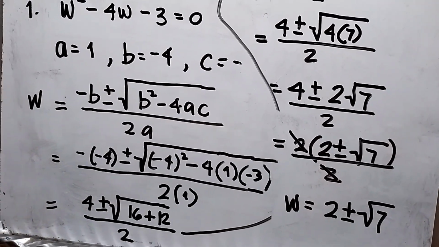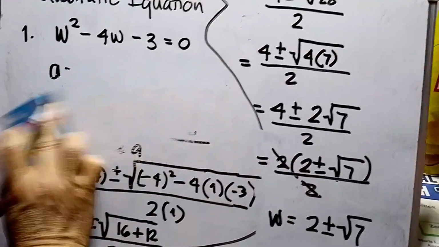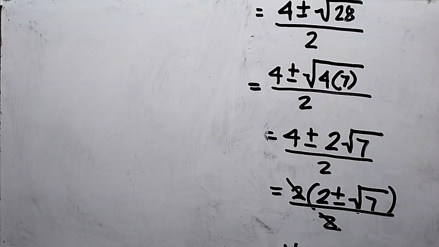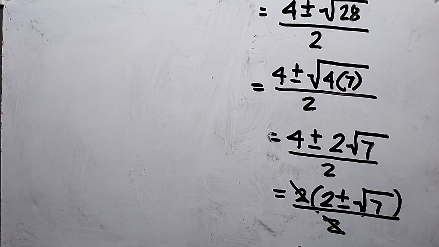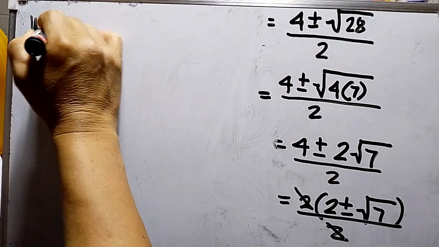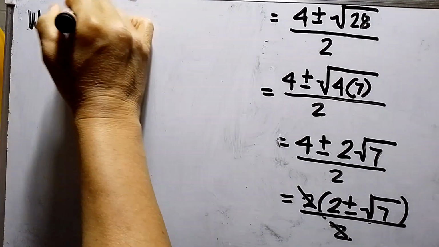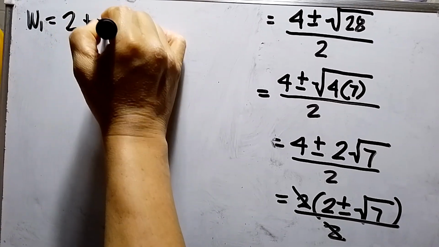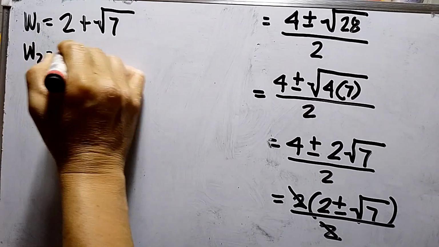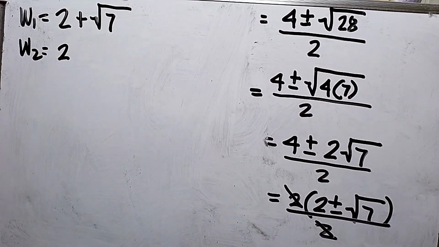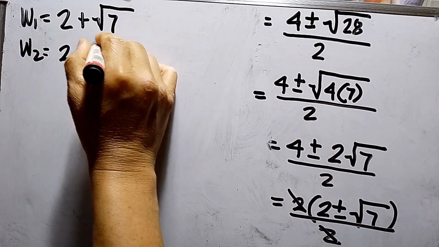Since this is a quadratic equation, I have here two values of w, which is w1 is equal to 2 plus square root of 7. And the other one, w2, will be equal to 2 minus square root of 7.